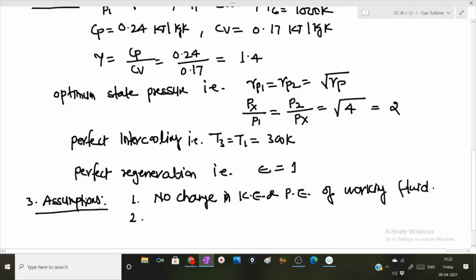Assumption number 2, air is used as the working fluid, so we will consider air as an ideal gas.